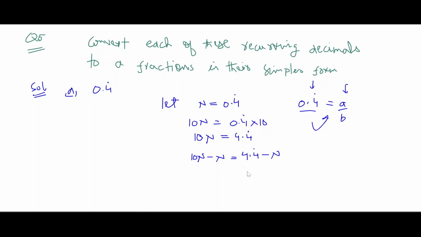Now, how will we subtract n from 4.4 recurring? Because n equals 0.4 recurring, we subtract 0.4 recurring. It will become just 4, because the recurring parts cancel.